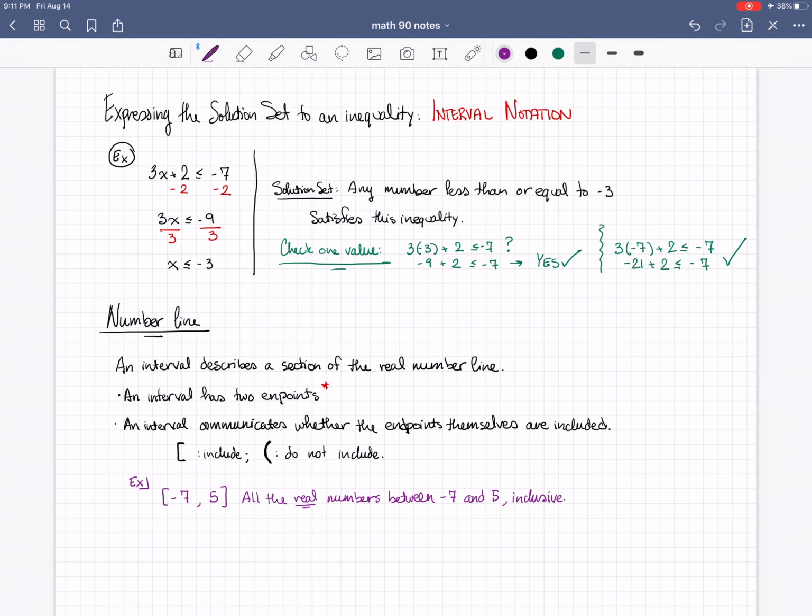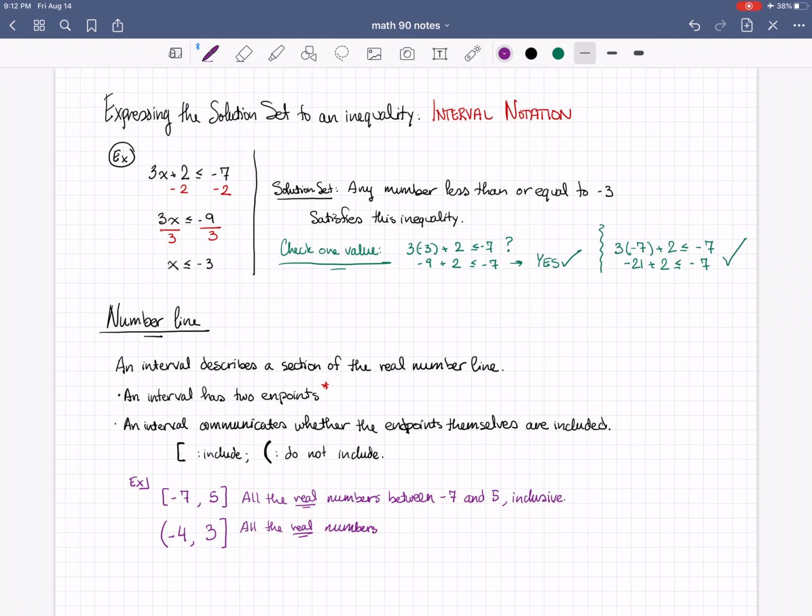Here's another example. So say that we have the interval from -4 to 3. So you'll notice that I have a parenthesis on one side and a bracket on the other. So what I'm saying here is this is all the real numbers. And again, I'm going to underline the word real.